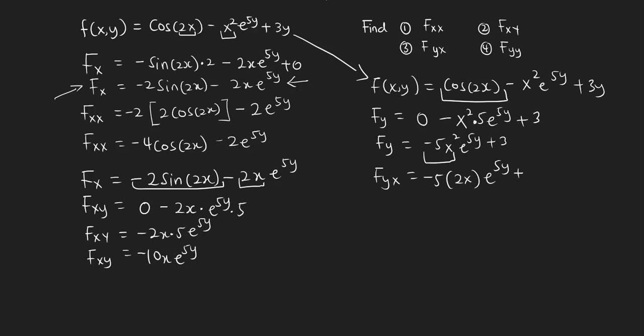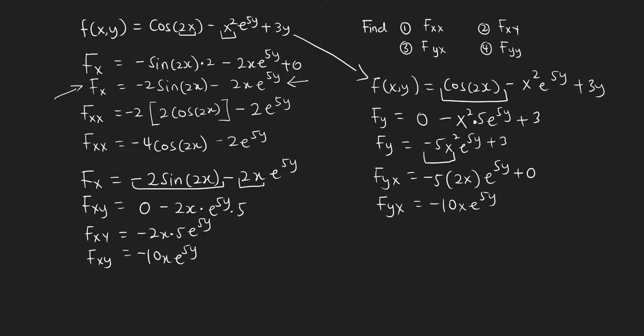Then for the 3, you don't have any x attached to it, so that was 0. So simplifying this, we're going to have fyx equal to minus 5 times 2x, that gives us minus 10x e to the power 5y. Okay, it looks like we got the same answer as for fxy.